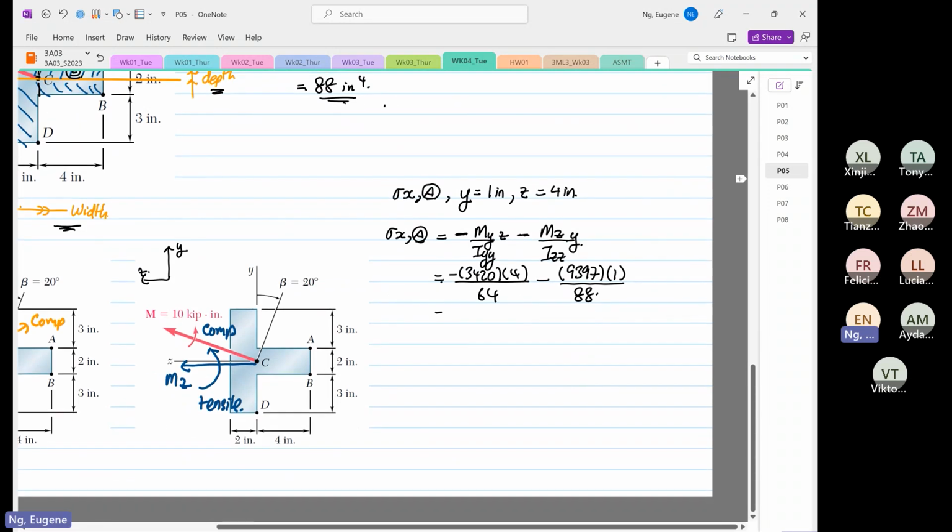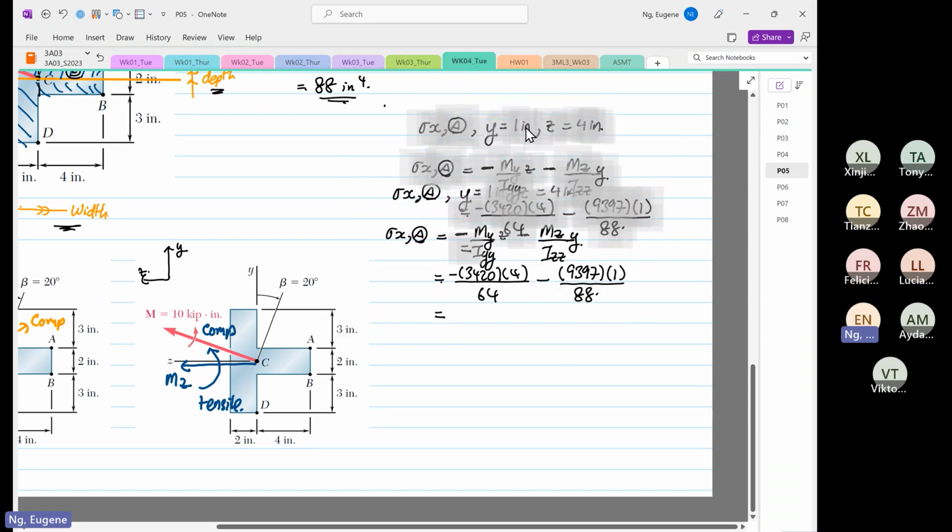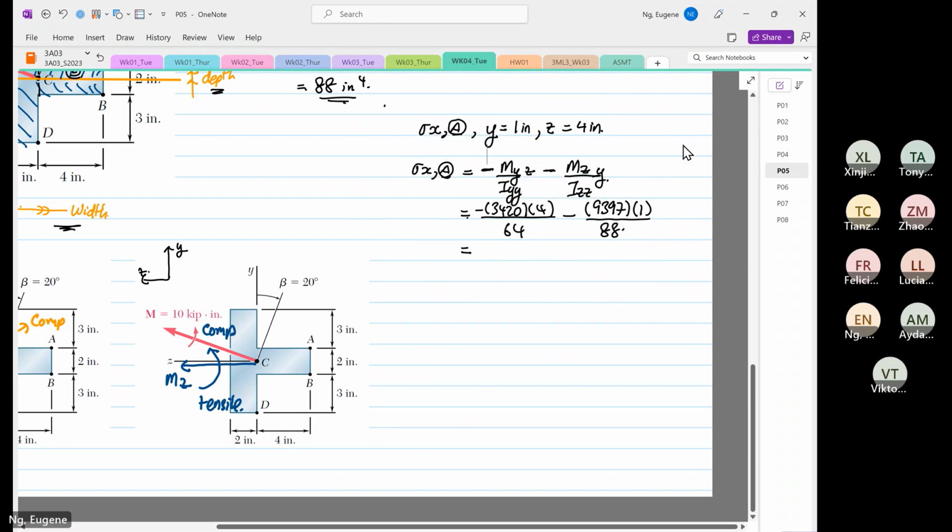So this will be equal to 3420 times 4 divided by 64, which is 213.75.